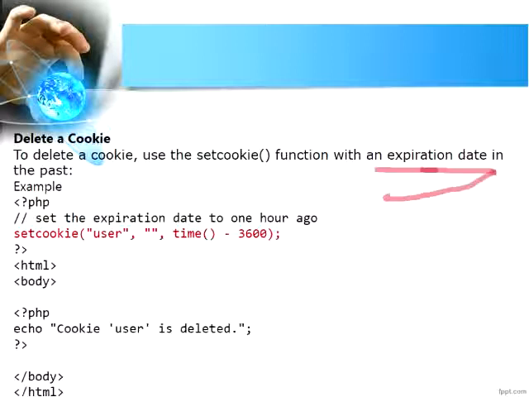For example, if we write setCookie user, anything, time minus 3600, that means setCookie with the date set to 1 hour ago, and for this reason this cookie will be deleted.